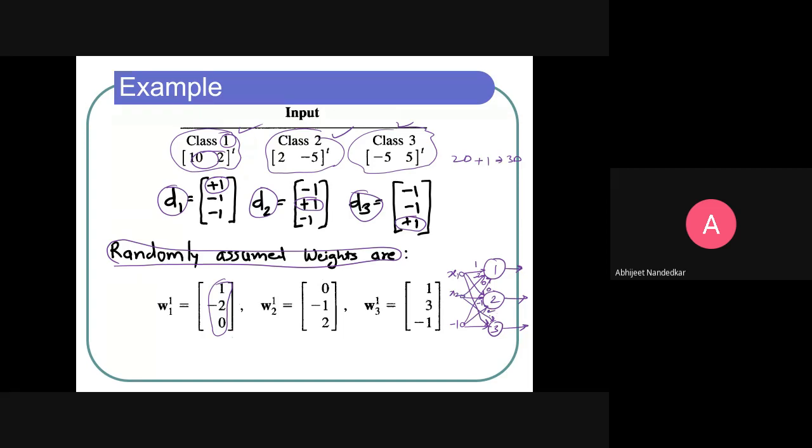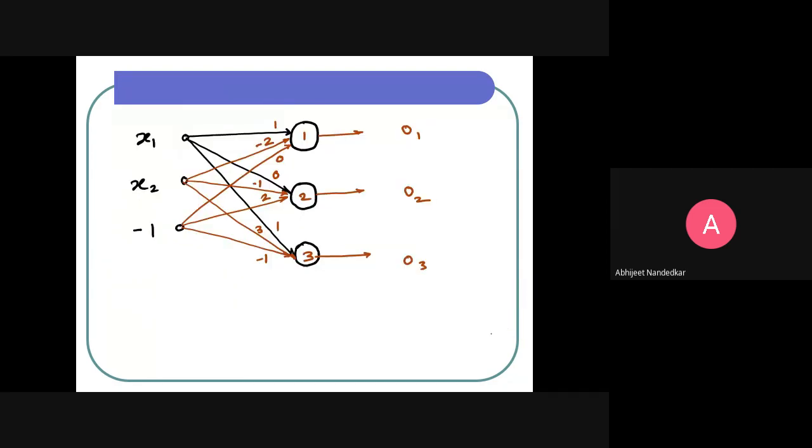For the third one, it is 1 here, 3 here, and minus 1 here. So this is a cleaner version of that. I have the initial weight here for neuron 1. We can call it W11. Then this is W21 and so on. This is W31.